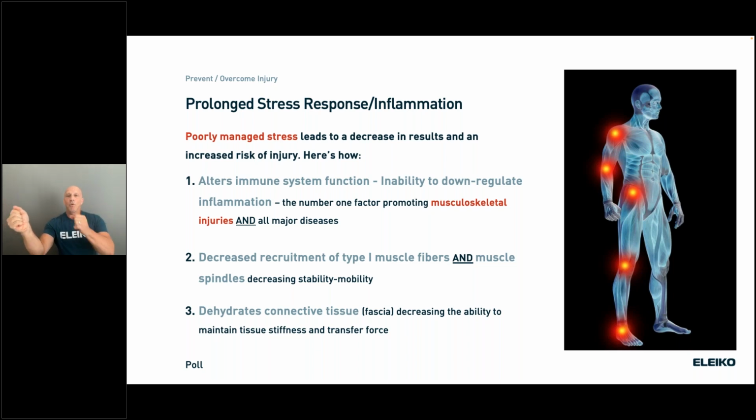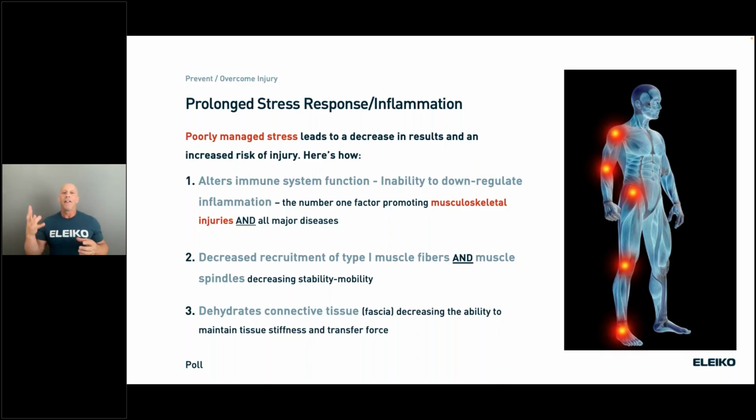So the connective tissue is now trying to do the job that the muscle is supposed to be doing and helping it with. So now there's more force placed on connective tissue, but the connective tissue is dehydrated, so it no longer has the capacity to actually transfer or sustain force, or what we call stiffen properly.